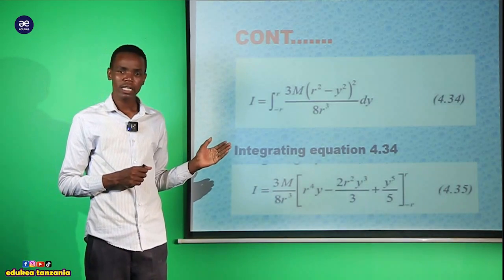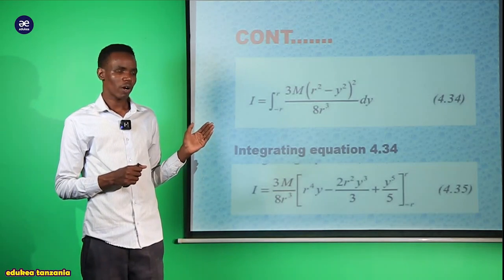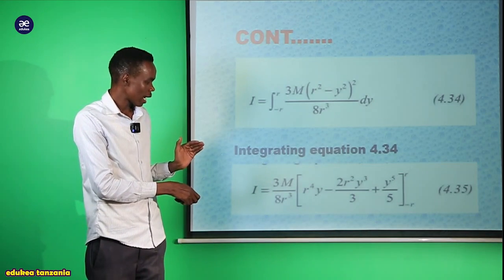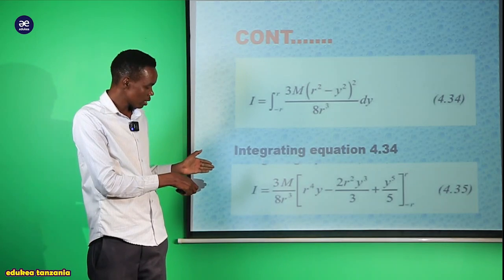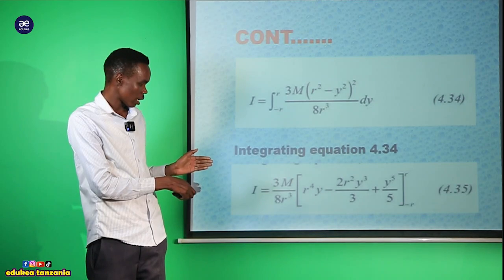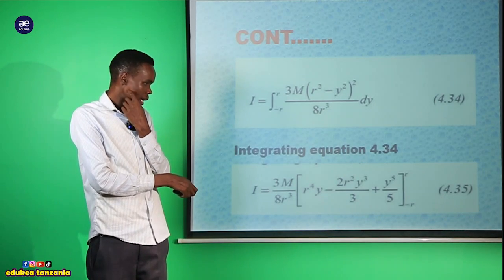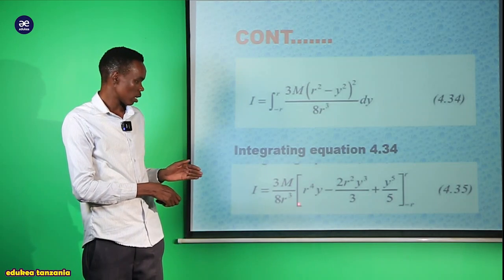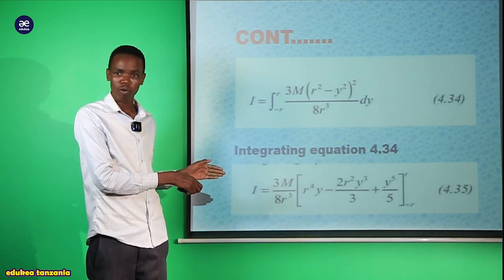If we apply the integral for r power 4 dy, this should give us r power 4 outside here. It should be 3m over 8r cube, and after there, it should give us r power 4 y.